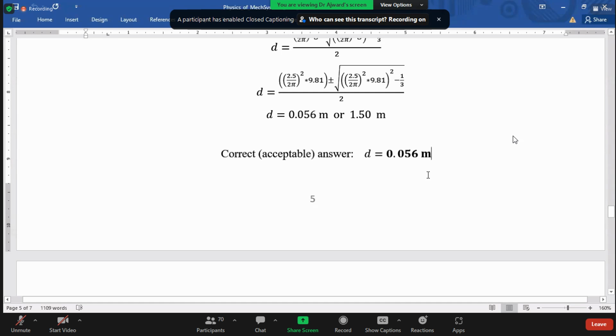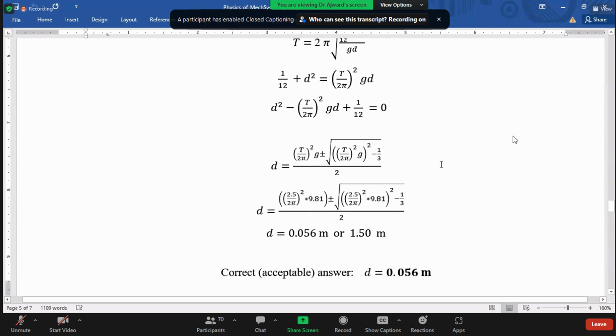So these are simple problems, but without knowing the method to solve these basic problems, you will be unable to solve more complicated problems. So these are your engineering basics.